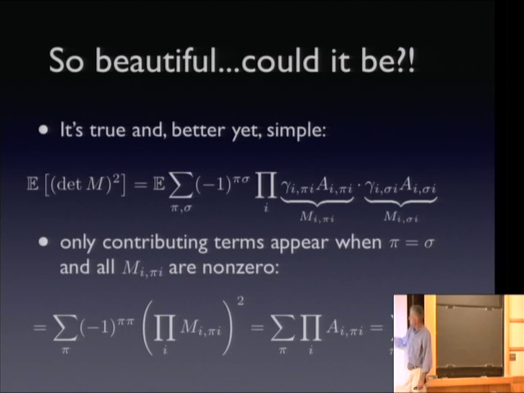And what's even more interesting is that if either one of these permutations visits a position that the other one didn't visit, well, then we're taking the expectation of a product of a bunch of random variables, but one of the random variables appears only once and has expected value 0. So that also kills that whole term. So it turns out the only terms that actually contribute to the sum are ones when the two permutations are the same, and then everything just works out swimmingly and you're all done.